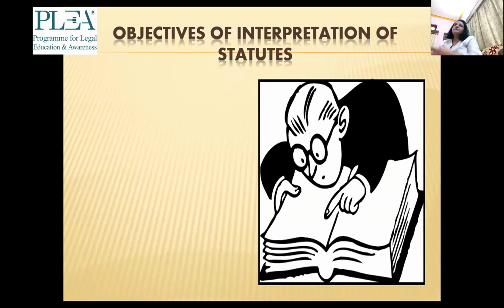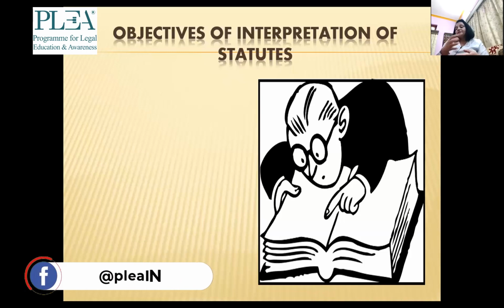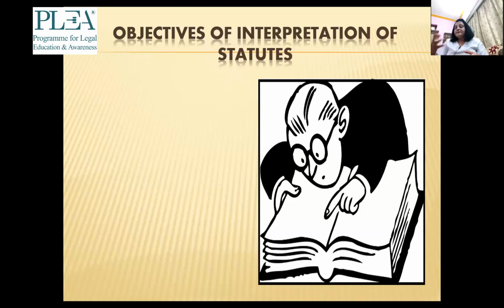For example, when we got independence in 1947, keeping in mind the situation and circumstances of the country at that time, because India was partitioned into two parts, India and Pakistan, and the Britishers had already adopted the policy of divide and rule.